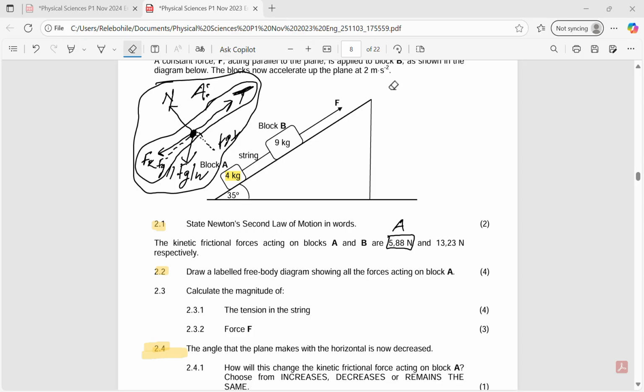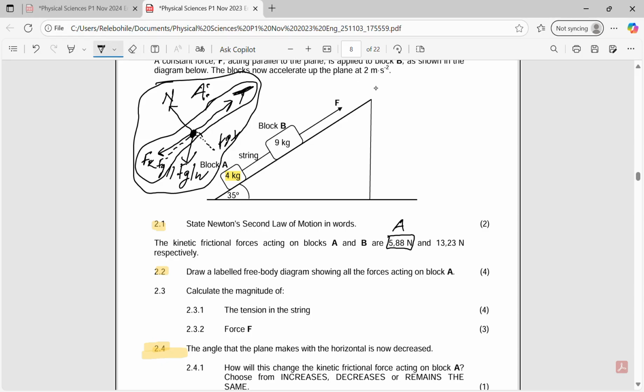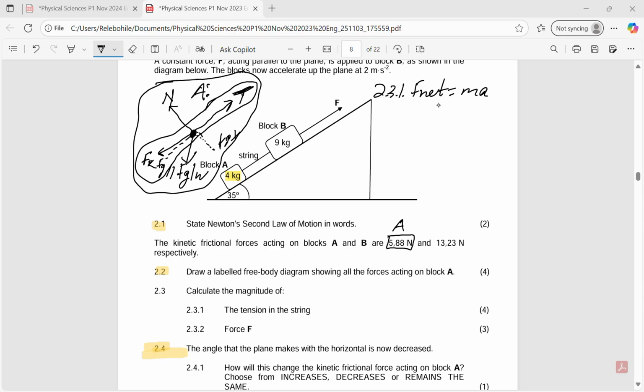So to answer 2.3.1, this is how we are going to do that. We are going to say, okay, F net is equal to ma. Okay, and then we are going to substitute. Remember, guys, F net means that we are adding all of the forces, right? F net is the total number of forces that are acting on this object, which are making it move.